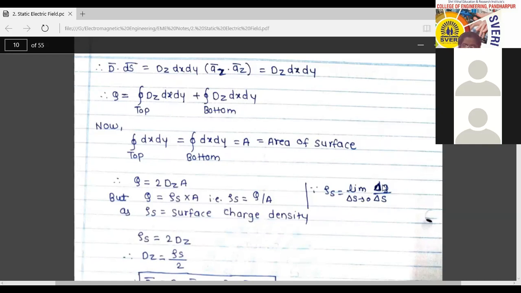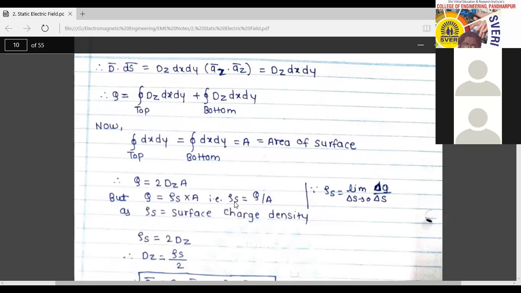So we can write the equation for Q as Q is equal to rho s into A. If we compare these two equations, Q is equal to 2 into dz into A, and Q is equal to rho s into A, then what do we get?